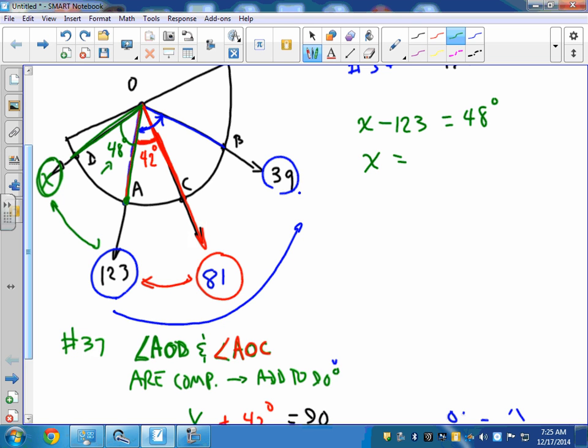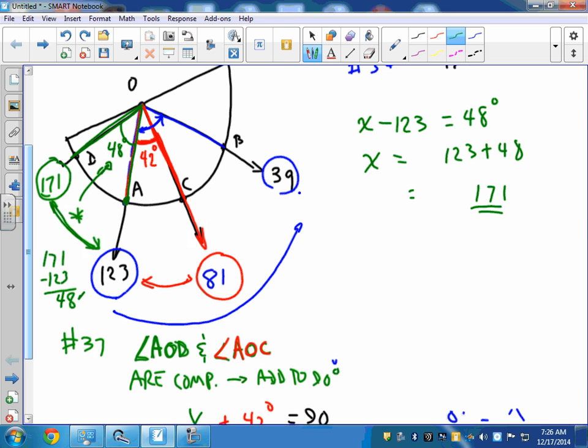So X is going to be 123 plus 48, and what's that? 1 and 1 and 1. Okay, so 171 will be the coordinate over here. And let's just go ahead and put that in there, 171. And again, you should always check. Remember, if you subtract these right here, you should get 48 degrees. 171, take away 123. Okay, so we have 8 and 4, sure enough. Okay, so that's a good one.